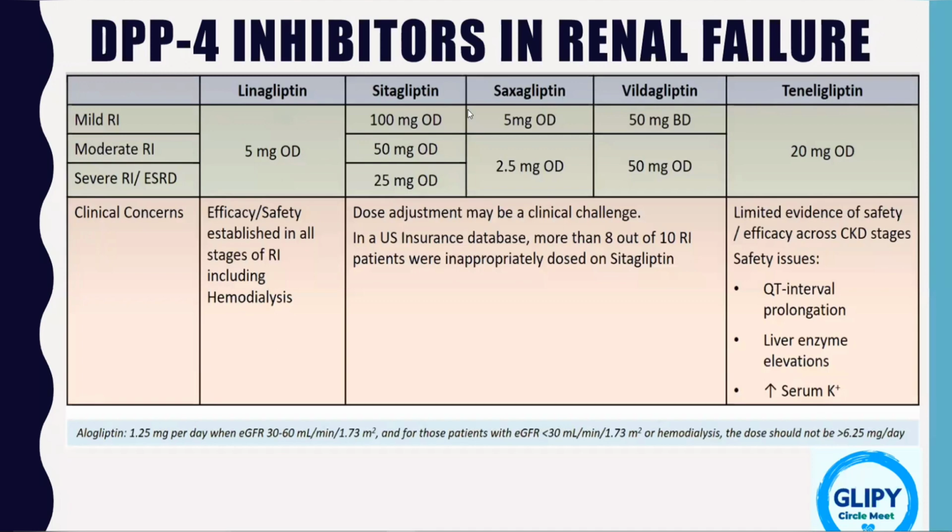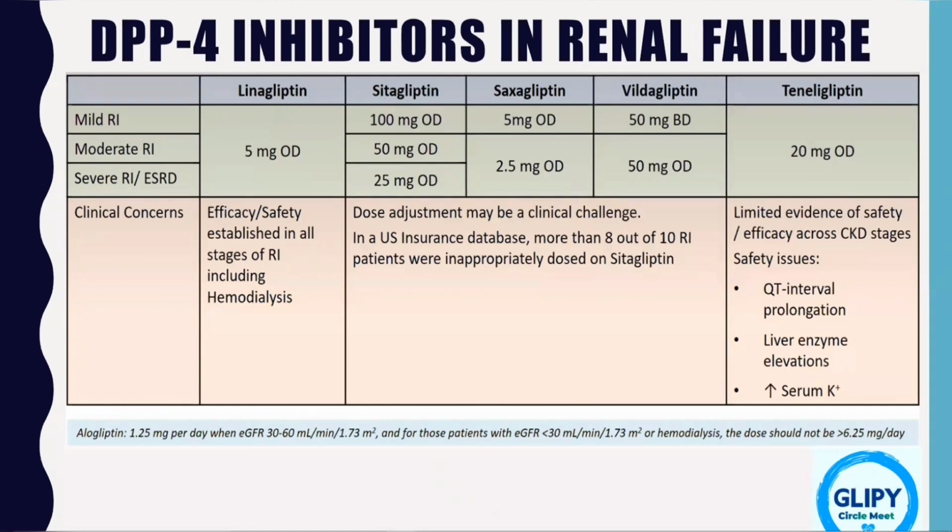Whereas for sitagliptin, saxagliptin, and vildagliptin, dose modification is generally required in moderate to severe renal insufficiency, but they can be used, especially vildagliptin. For teneligliptin, the normal dose is 20 milligram. A significant dose modification is not recommended, but there is a low level of evidence of safety in patients with impaired renal function.